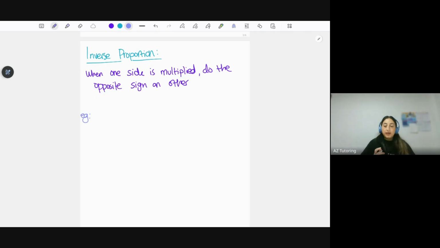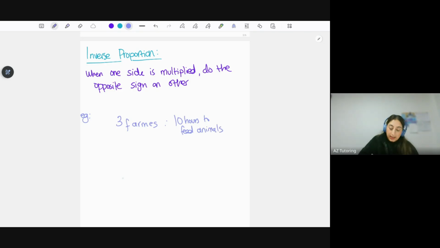With these kind of questions, it's very hard to tell whether they're inverse or direct proportion. You sort of have to think logically in the question, what would make sense? So the question is, it will take 3 farmers 10 hours to feed the animals.